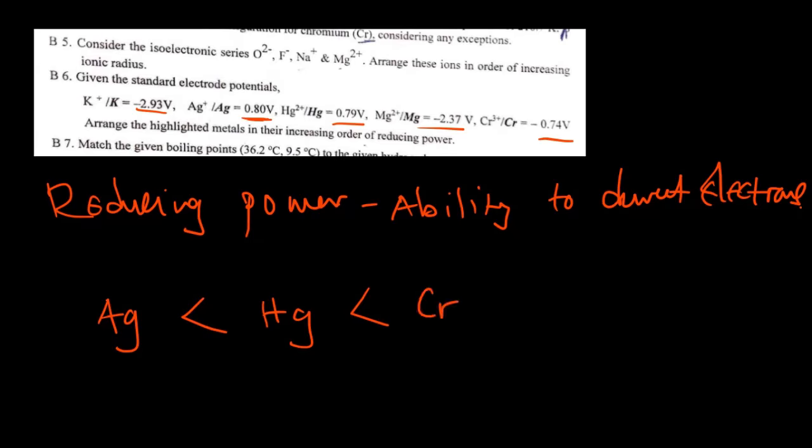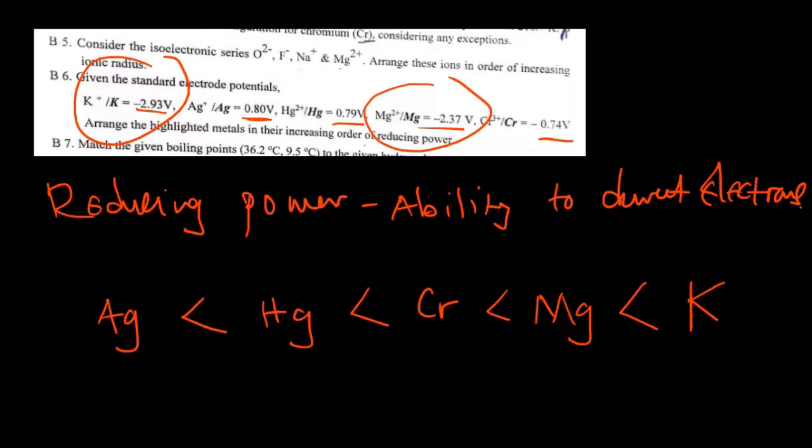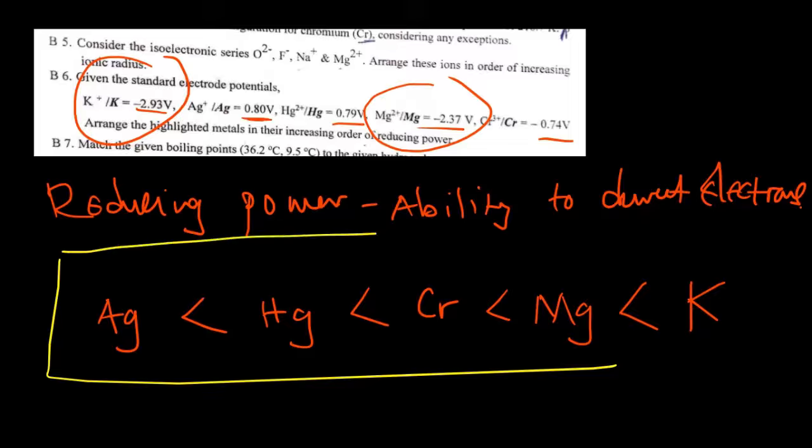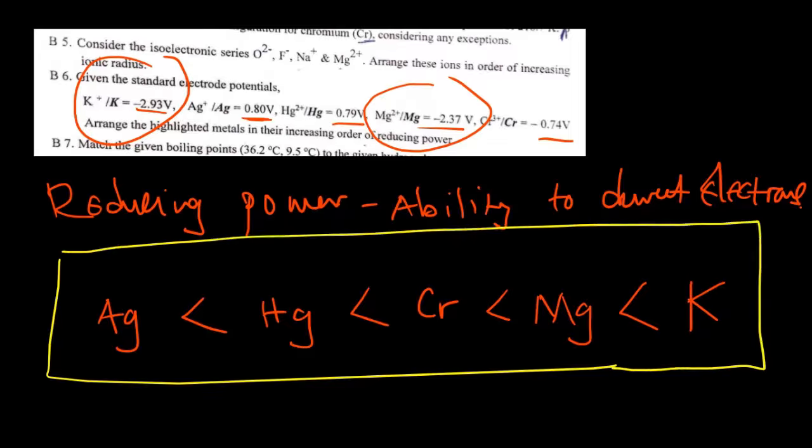We are remaining with the magnesium and potassium. Which one has a more positive value? We see that the magnesium has a more positive value because it's less negative. So we're going to write magnesium here, and then less than the last one, which will just be potassium. The way I've written them here, this is the order, arranged in increasing order of reducing potential.